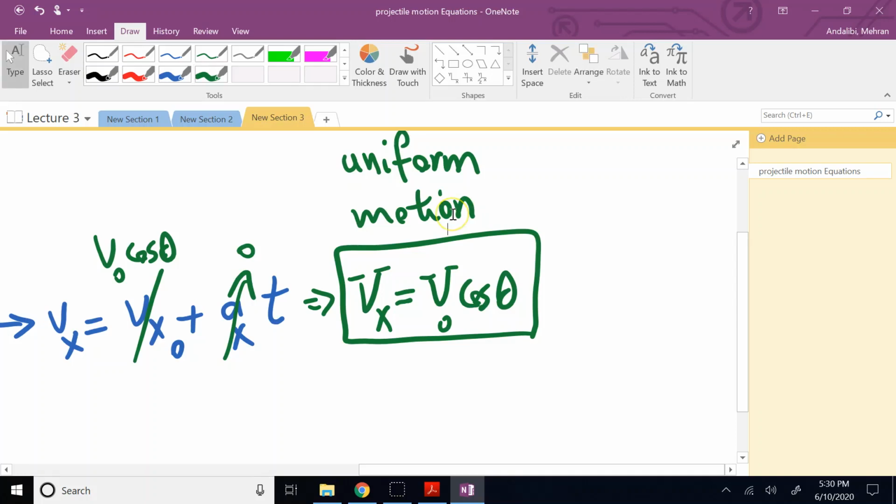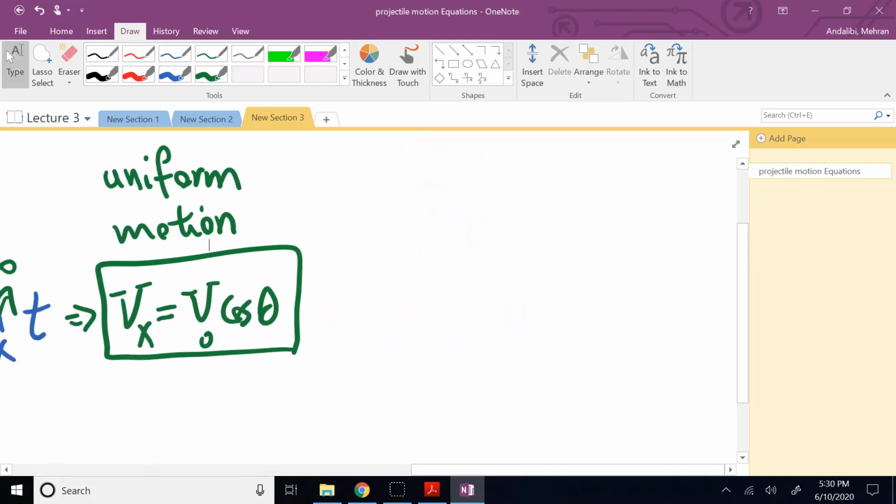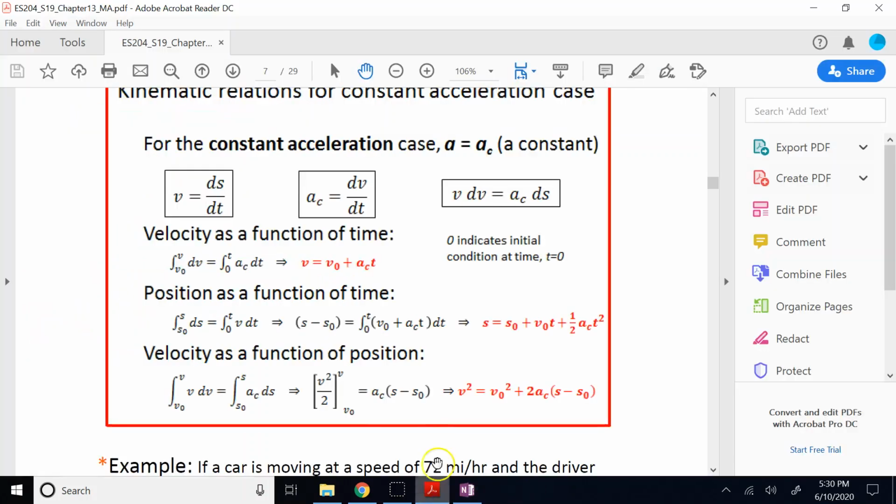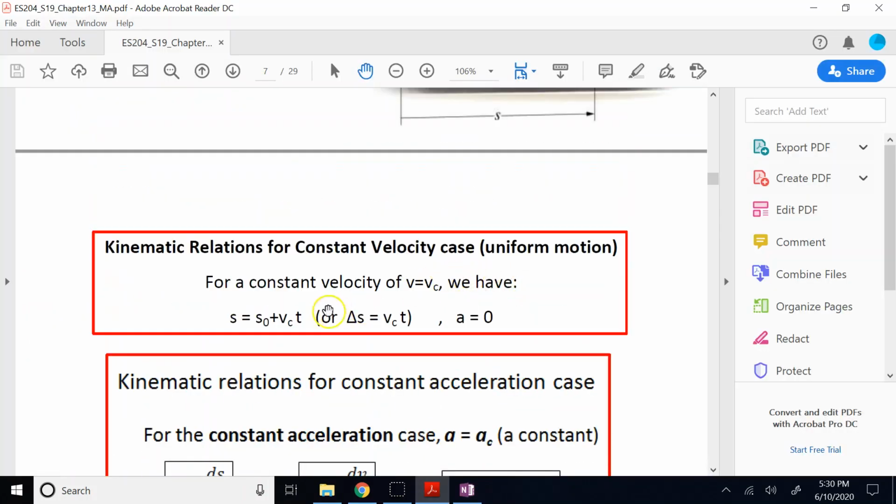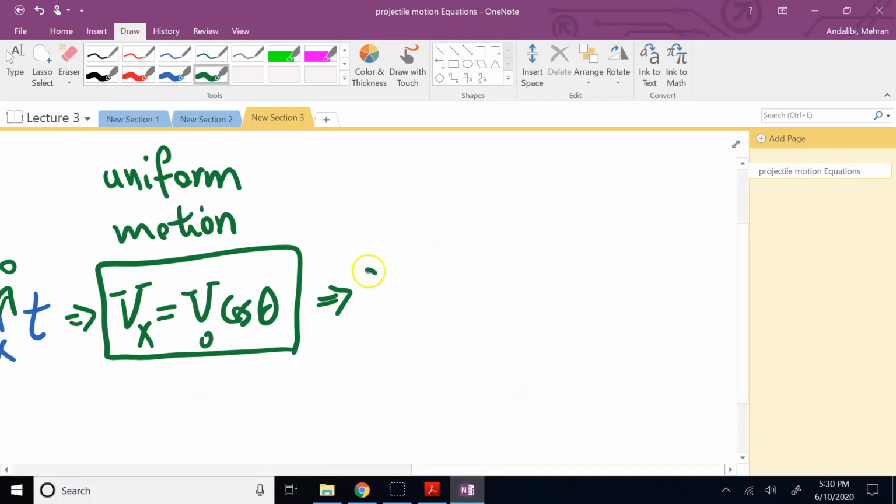Okay, so that's the equation for V, and then if we integrate it one more time, or we go back to the uniform motion equation, in the uniform motion there is only one equation for position. Position is initial position plus constant velocity times t. So my x position is always my initial x position plus what?